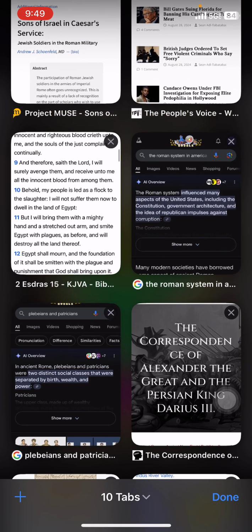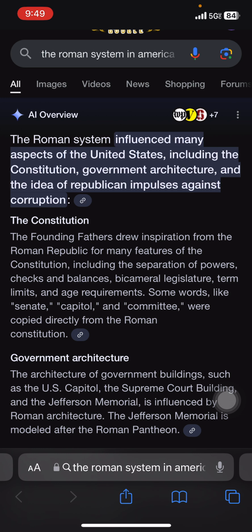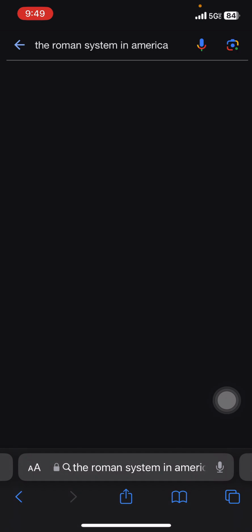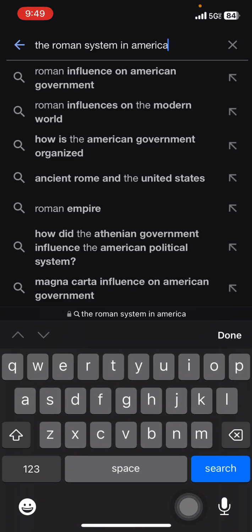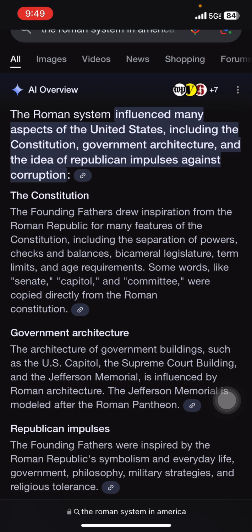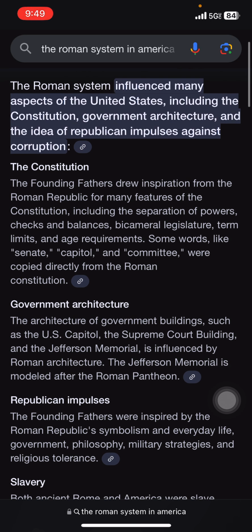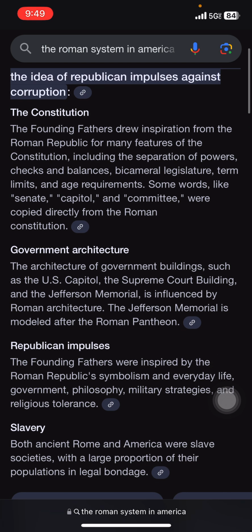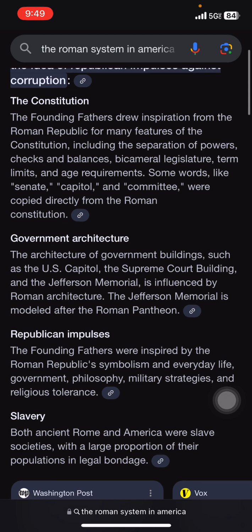So I looked up what it says about the Roman system in America. I just typed something in, and it says the Roman system influenced many aspects of the United States, including the Constitution, government architecture, and the idea of republic impulses against corruption, which, this whole society is corrupted. But continuing on, this is the Constitution.